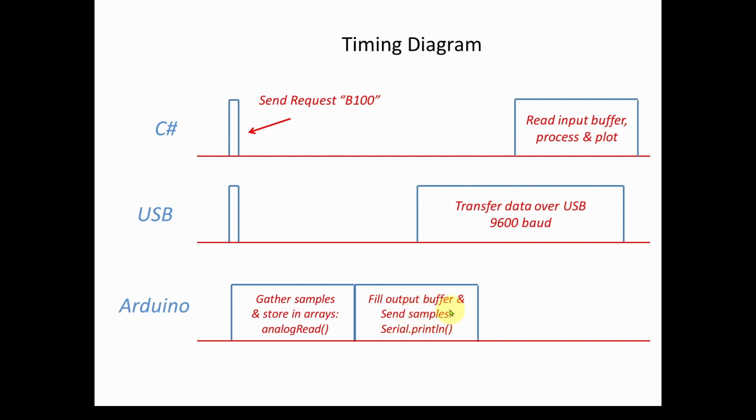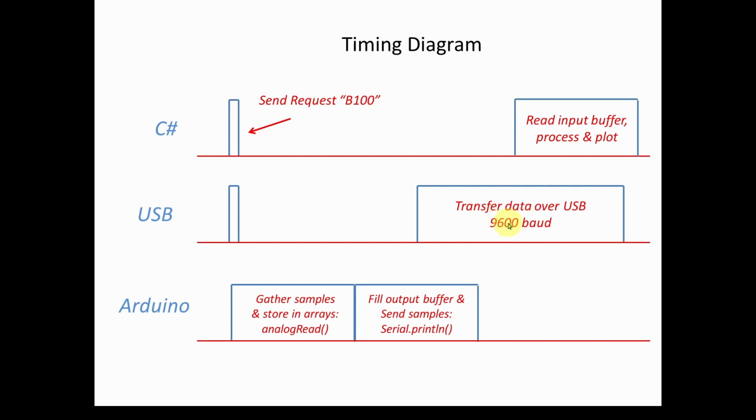It does a background process where it fills the output buffer with some of these values and then sends it out. And once that output buffer is empty, you can fill it with more samples and send it, and fill it with more samples and send it. So this is going to take some time. We're not sure how long, but we can measure the total process and see. As it sends it out, it's going to transfer that data over the USB, and we're going to start out assuming we're going to use the standard 9600 baud rate.